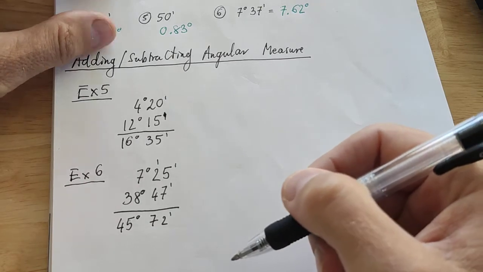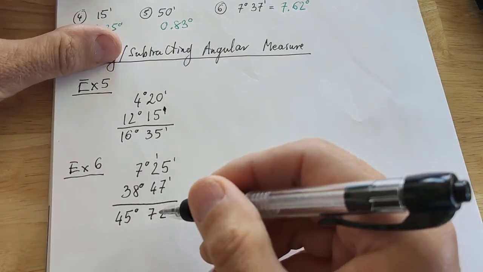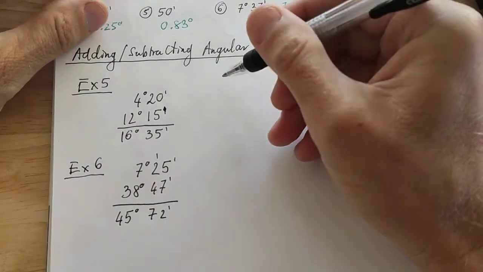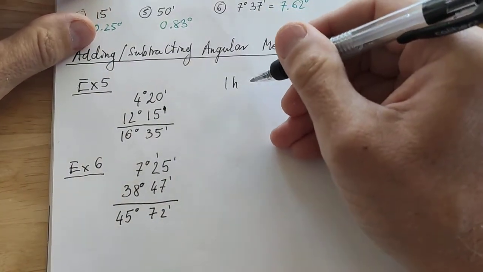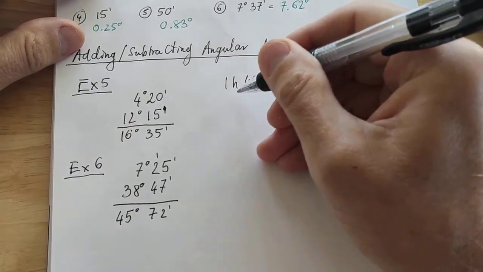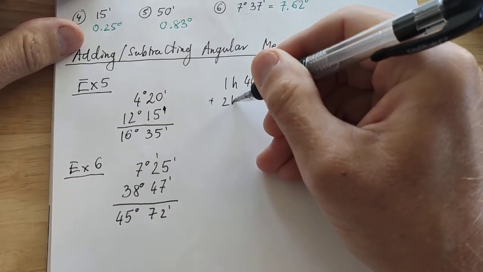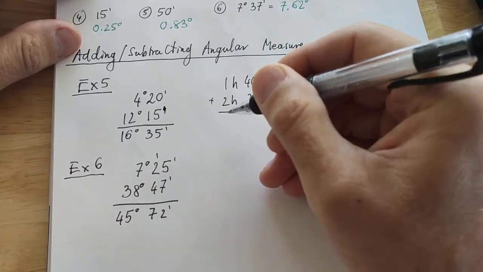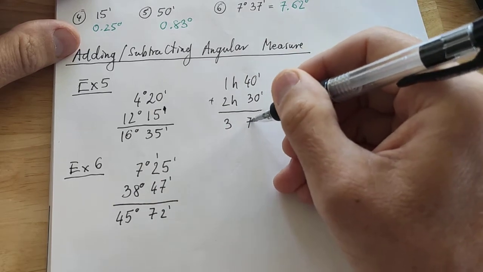degrees. So now the problem is that, just like if you're adding hours, let's do an example. So 1 hour 40 minutes plus 2 hours and 30 minutes. So you're going to get 3 hours and 70 minutes.